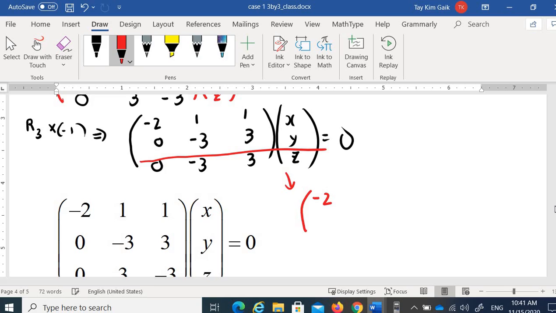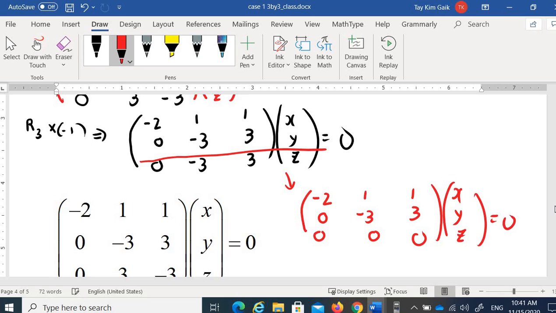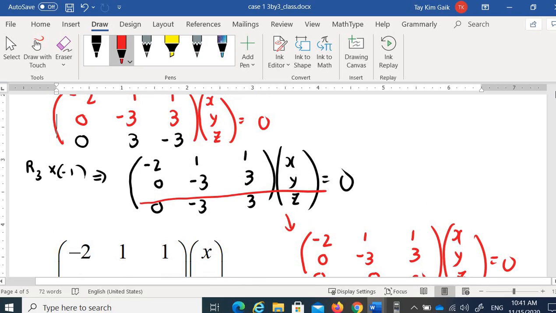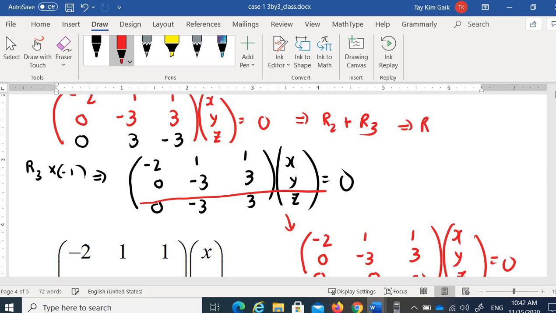If they are the same, it will add up. Negative 1, 1, 1, this is actually 0. Negative 3, 3, this one becomes 0, 0, 0. x, y, z equal to 0. Or actually from here, you take row 2 add up with row 3, negative 3 plus 3, then put into your row 3.